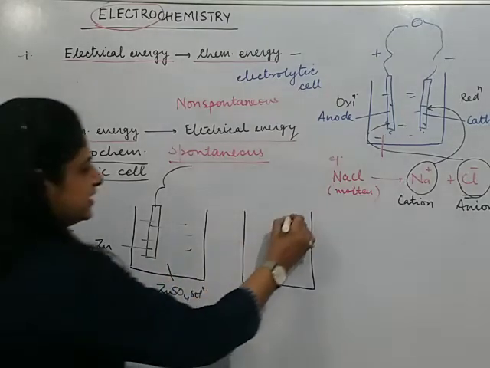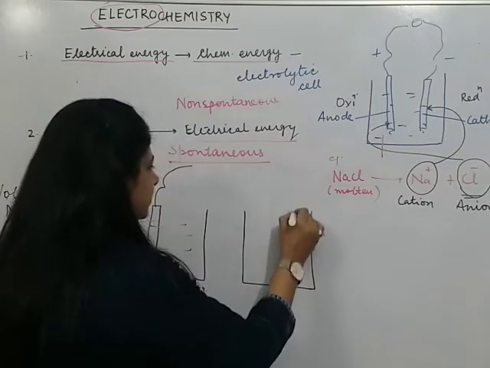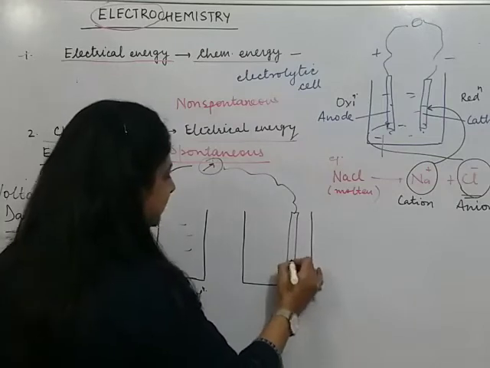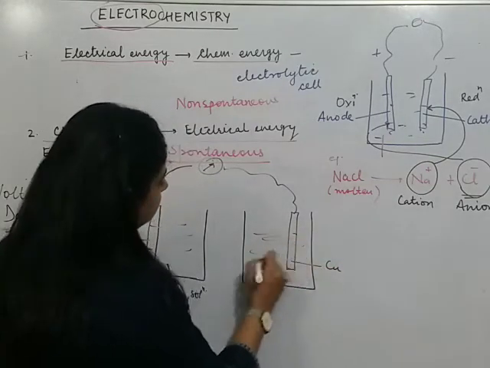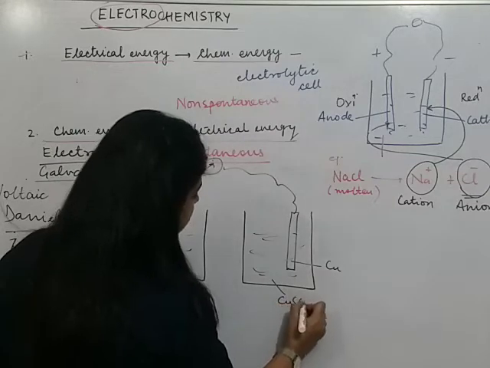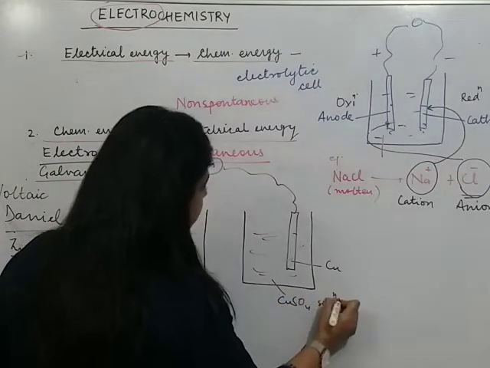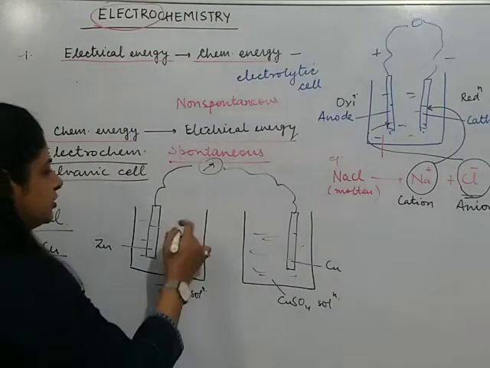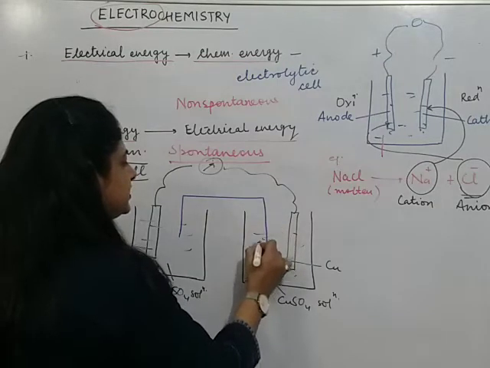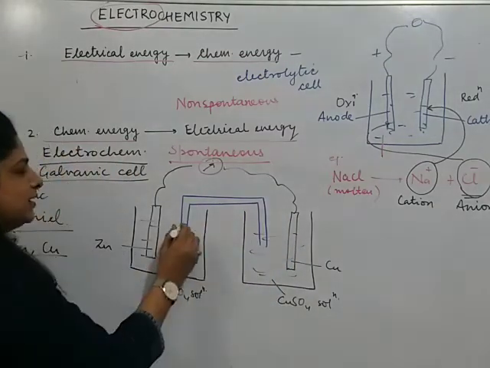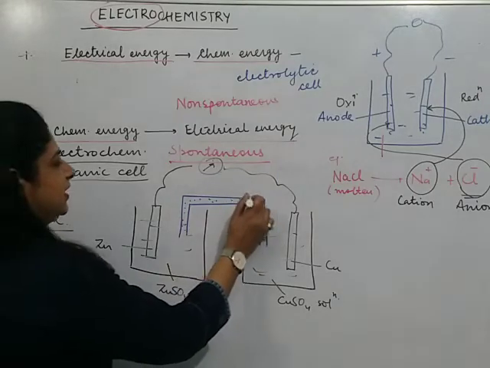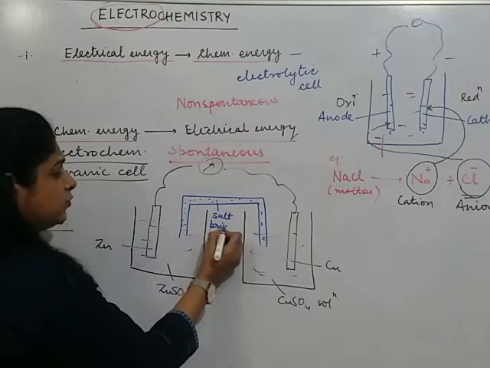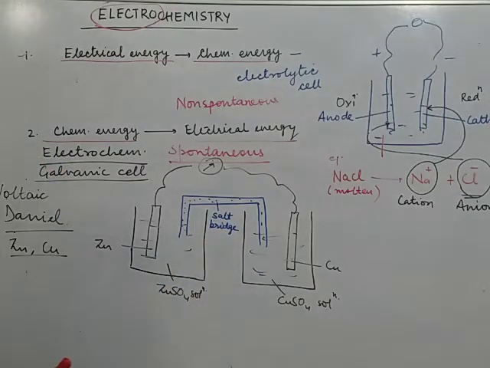Similarly, we have taken a copper rod in another half cell, which has been dipped in its solution, let's take copper sulfate solution. Now there is a U-tube structure which connects both of these half cells. It is filled with some gelatinous material and it is called a salt bridge, whose utility in this type of cell we will understand.